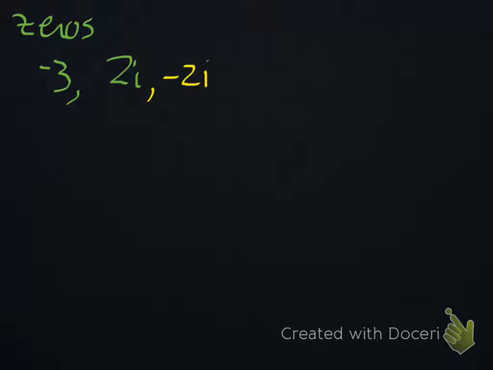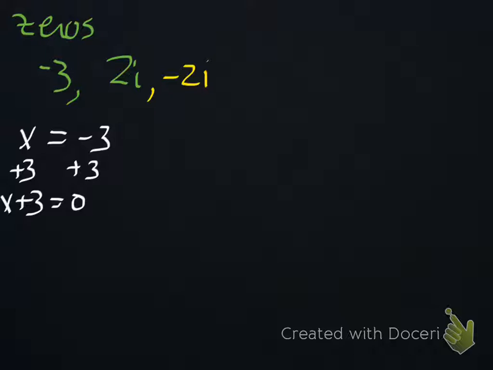And so we're going to do it just like we did last chapter. You're going to set each of these equal to 0. So we're going to set x equal to -3, and then we'll set it equal to 0. So how do I get this set equal to 0? Add 3. So x plus 3.